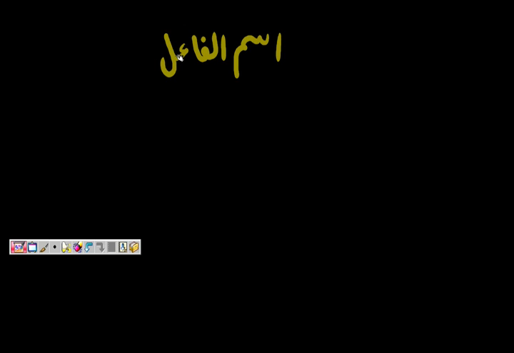Don't confuse the two. Ismul fa'il is a noun that refers to somebody who did the verb that the noun is made from. So if the verb is kataba, then katib is ismul fa'il. It's ismul fa'il because it refers to somebody who does the action kataba. Correct?